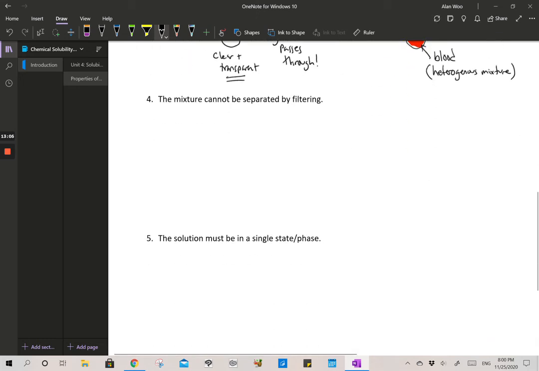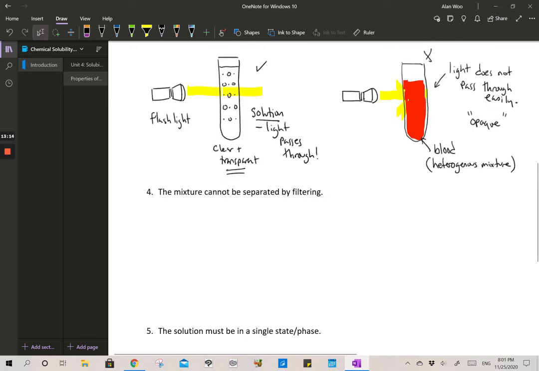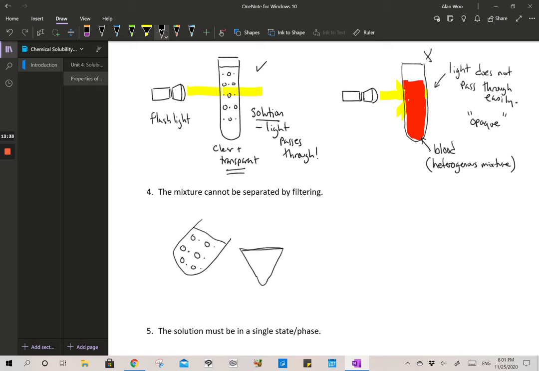So moving on to number 4, the mixture cannot be separated by filtering. Okay, so this is a fundamental rule here. So if I had a solution, again I have my solutes and solvents, if I pour it through a filter, so we'll say this is a filter.